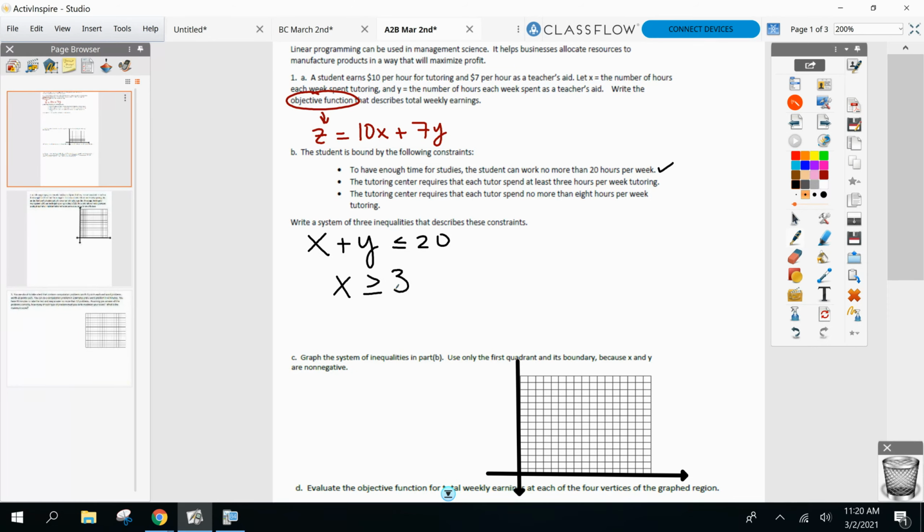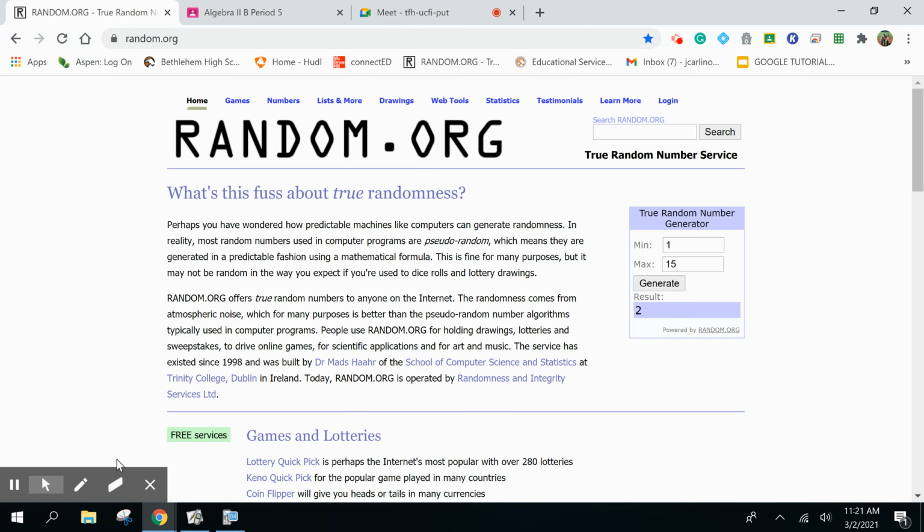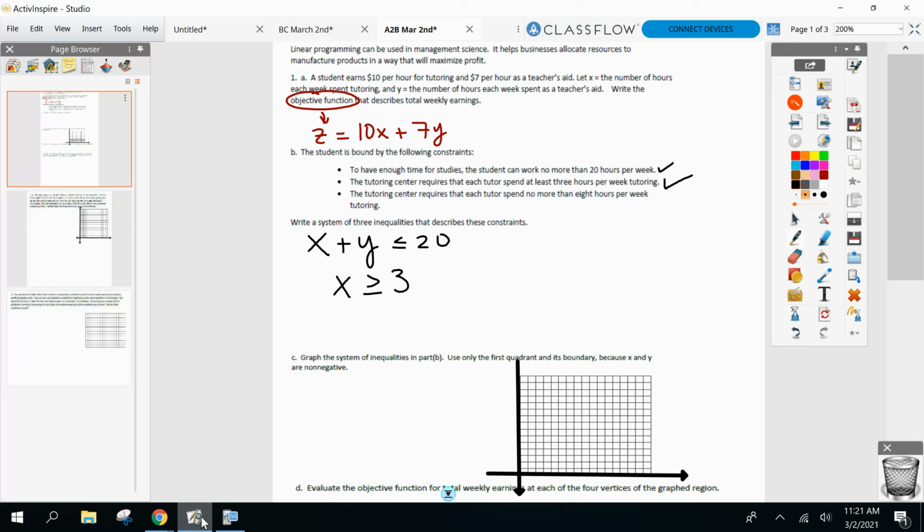All right. Restriction number 2 is taken care of. Let's go to restriction number 3. You can spend no more than 8 hours tutoring. No more than 8 hours tutoring. Liz, here you go.